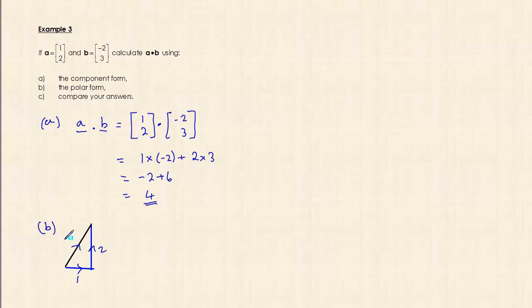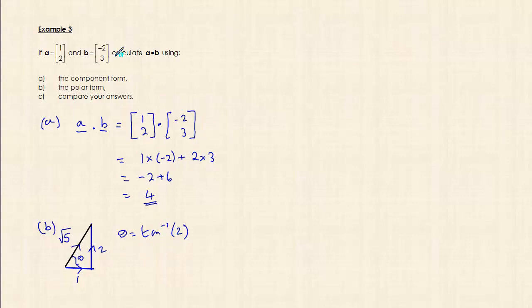Using Pythagoras, this side is root 5. And the angle here, let's call it theta, would be the inverse tangent of 2 divided by 1, which is 2. Let's just leave it there and not calculate it. It's handy to have it exact.